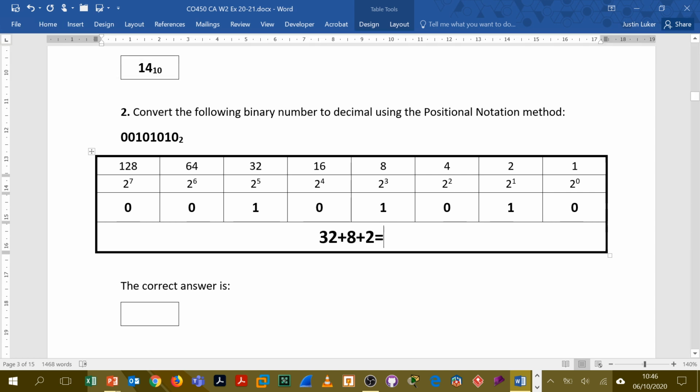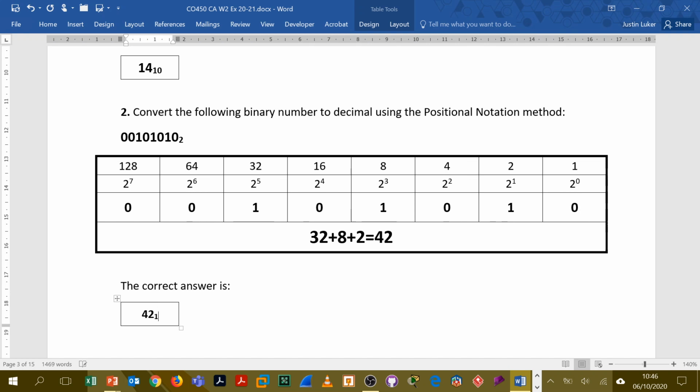There we go. So 32 plus 8 would give us 40. So plus 2 would give us 42. So this binary number must represent 42 as a base 10 decimal number.